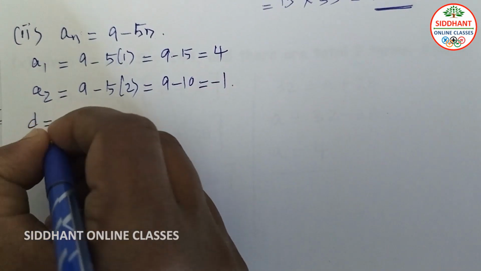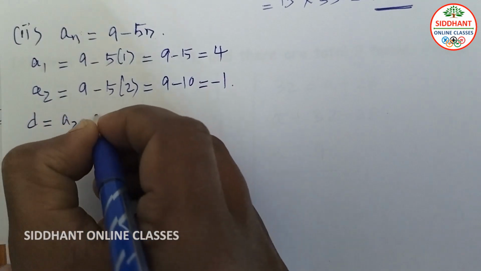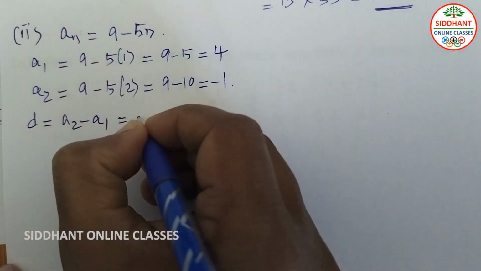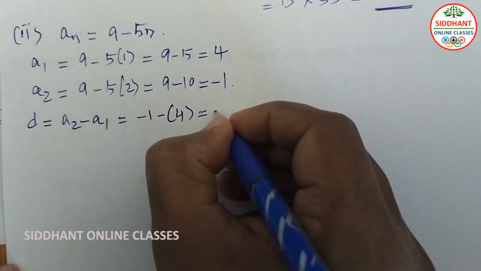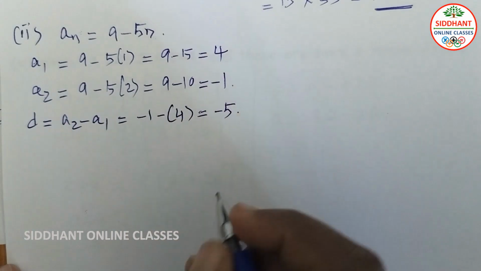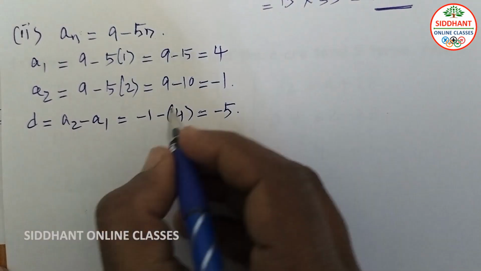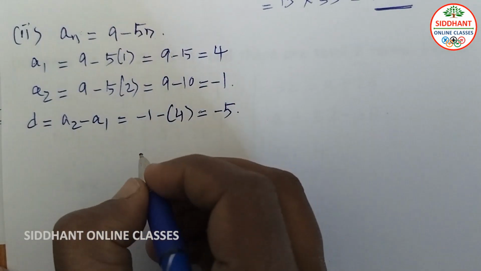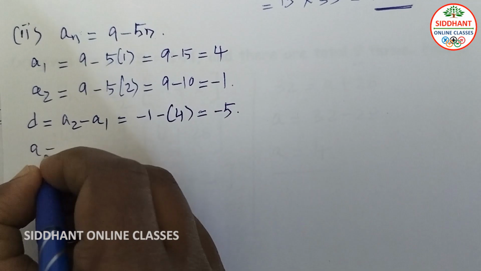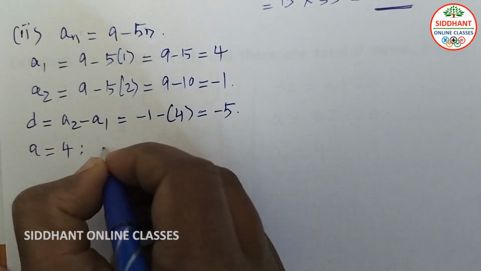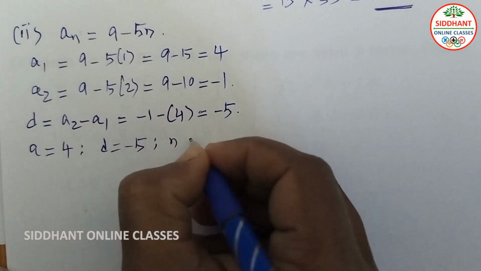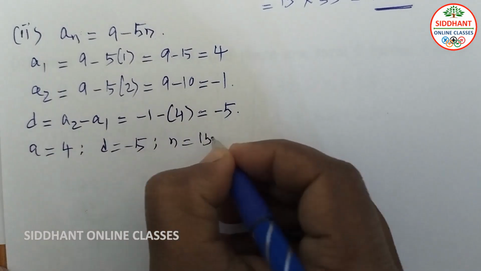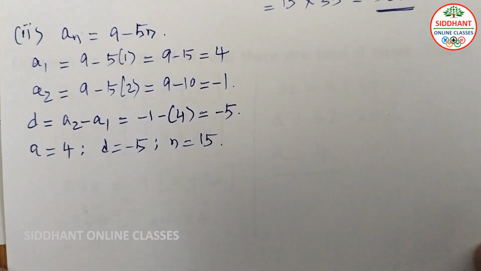So d, when you take a2 minus a1, that equals minus 1 minus 4, that equals minus 5. So a we got, which is 4, and d, which is minus 5, and n, which is 15, the sum of 15 terms we are going to do.